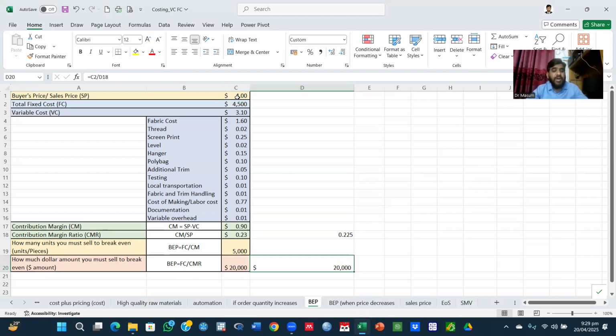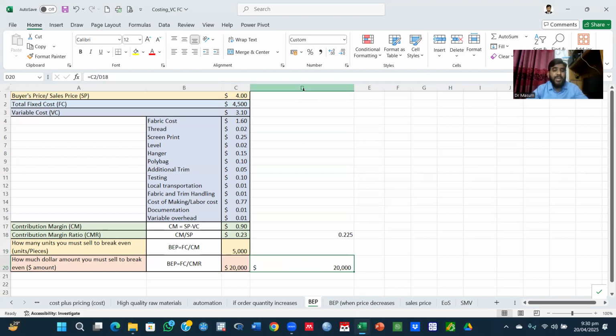So if the buyer is negotiating, you have to say that you have to buy at least 5,000 units at $4, or you have to place an order equivalent to $20,000.